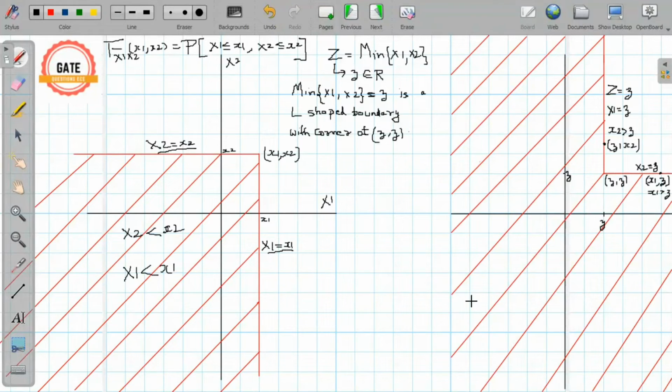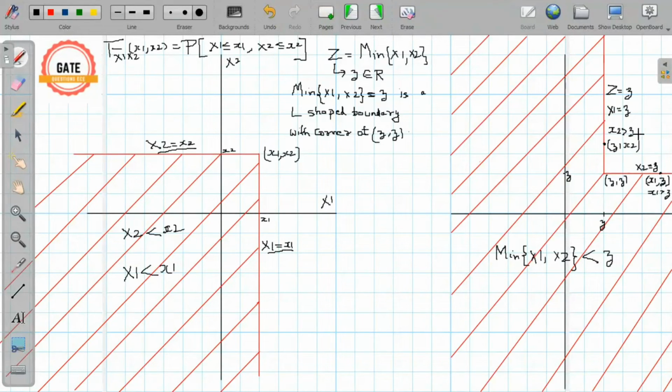Similarly, if you take all the points in this red region and find out minimum x1, x2, you will see that minimum x1, x2 will be less than z. So minimum x1, x2 will be less than small z in this red region that is lying to the left of this L-shaped boundary.